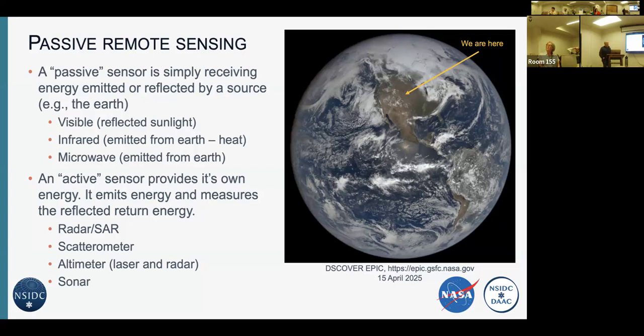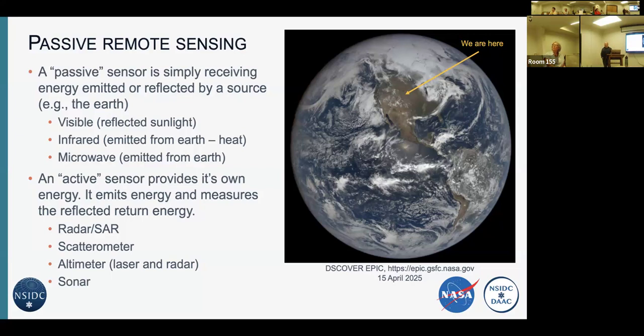An active sensor provides its own energy. The sensor is sending out a signal, it's getting a return, and that's how it's measuring. How that signal interacts with the surface and returns to the sensor gives a sense of the surface. Examples are radar or synthetic aperture radar, scatterometers, laser and radar altimeters, sonar.